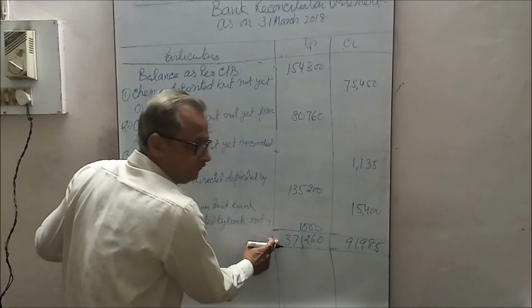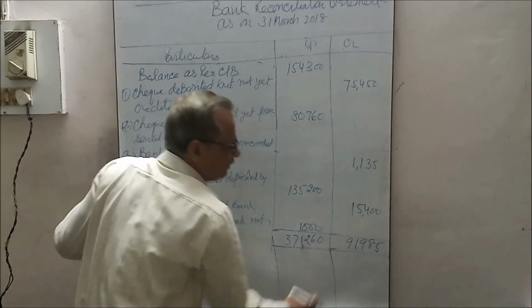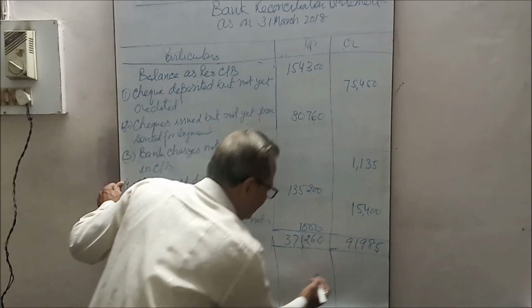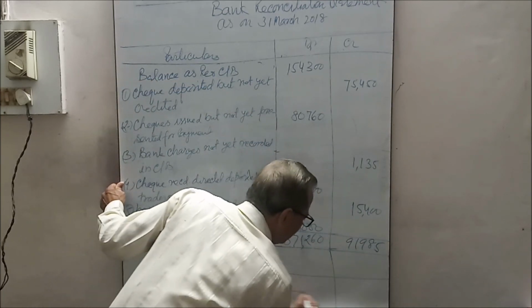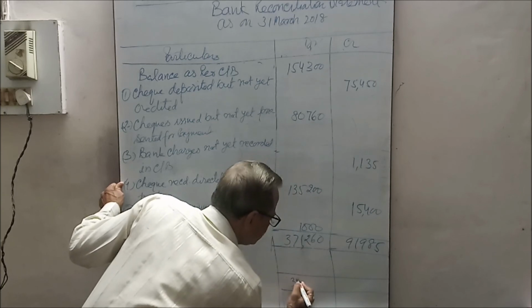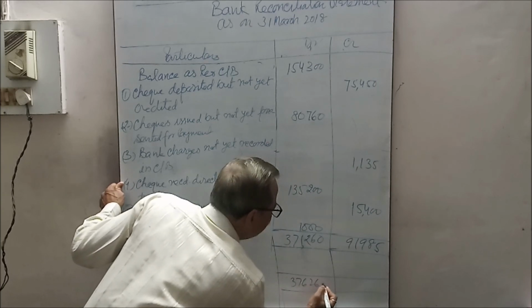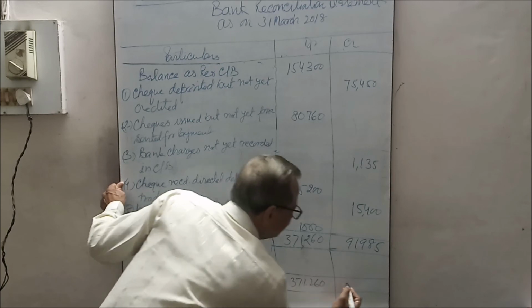This is 37,260 and this 985. Then find the difference. As usual, just as you do, both sides should be equalized, and after that you can find the difference.